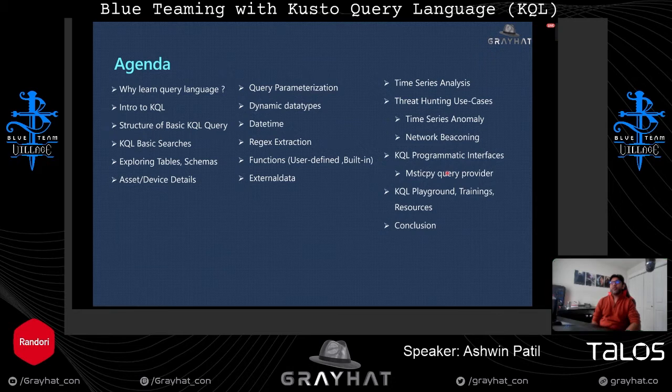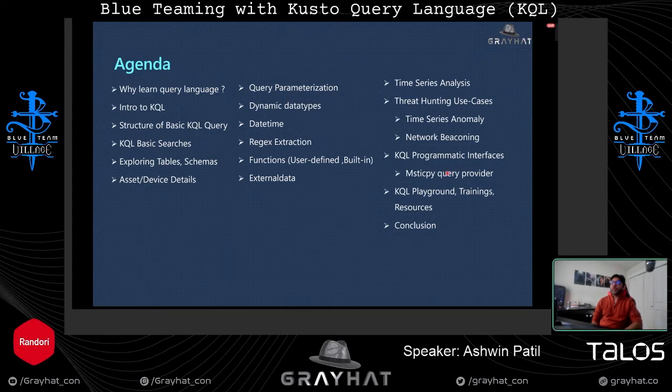A couple of other features are datetime operators and how to extract via regex. Functions are something you will often use when you want to replace repetitive code with template functions. External data is another important operator to access data which is currently not present in your SIEM.